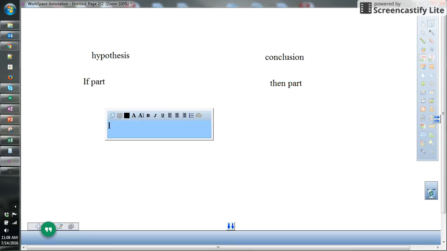So, if it is raining outside, then the sidewalk will be wet.